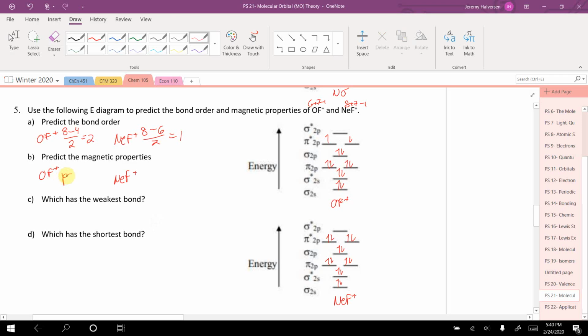Magnetic: OF+ is para, NeF+ is diamagnetic. Which is weakest? NeF+ is going to be weaker because it has a lower bond order. What's shorter? OF+.